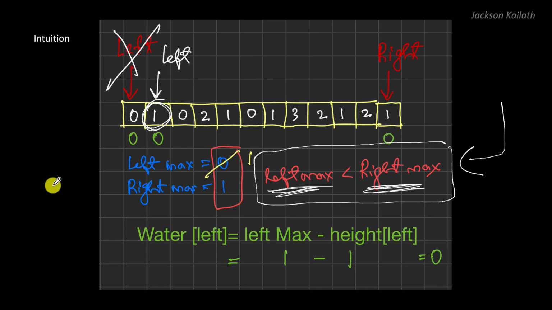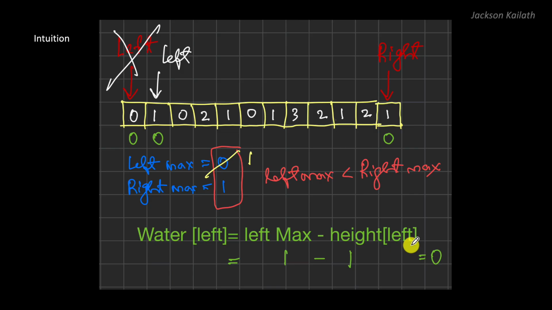therefore, to compute the water that can be stored at this particular index, we just have to do left max minus height at left. Okay, now just to make it one more time clearer, I'm just writing it in a way that it becomes easier for us to think about this. You could think of this as the maximum between left and current place.